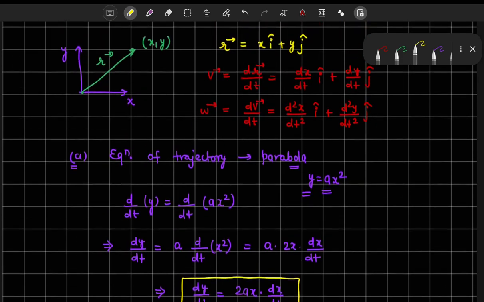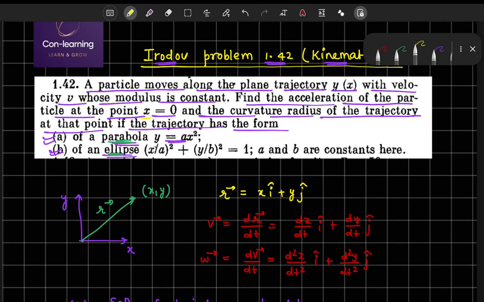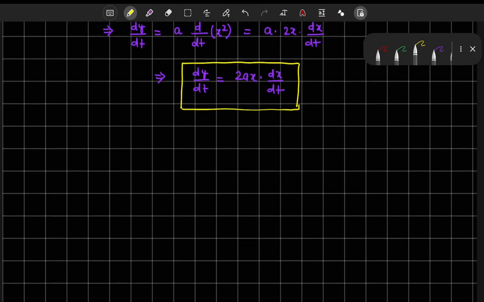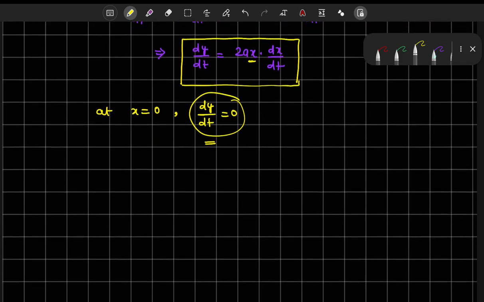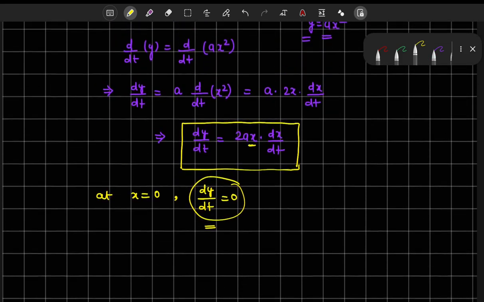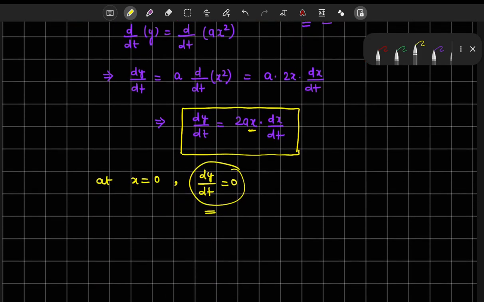Now it is asking to find the acceleration at the point x is equal to 0. At x is equal to 0, we can write dy by dt is equal to 0 because here x is 0. Okay, now let us differentiate it again. Okay, before that let us write the velocity vector. So we can write the velocity vector as dx by dt i cap plus dy by dt j cap.